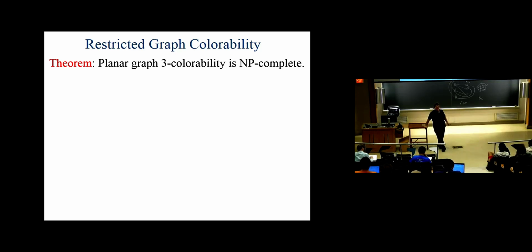So the maximum number of edges a planar graph can have is roughly 3n. So if you have 3 nodes, you can have at most 3 edges. If you have 4 nodes, the 4th node can connect to all the previous 3 nodes. So now there's 3 more edges. The 5th node can connect to all these 3 again on the outside, but not on the inside. So there's 3 more edges again.